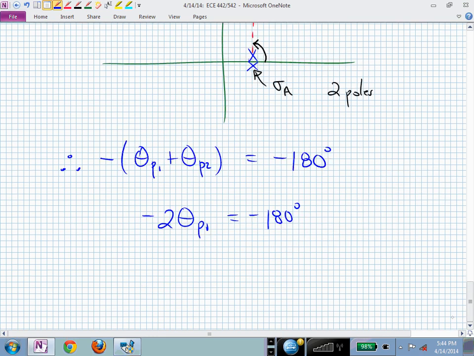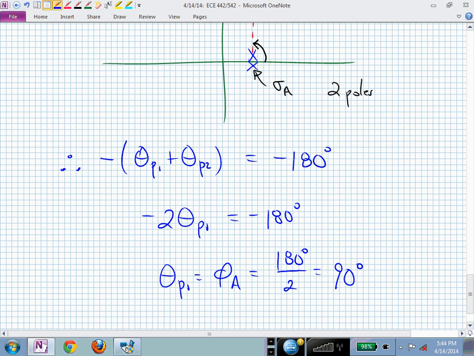We can divide the minus 2 out, and we can call that theta sub P really the asymptote angle. So this theta sub P1 is really what we were calling theta sub A, which is now 90 degrees. That's sort of the idea behind this rule number 4.